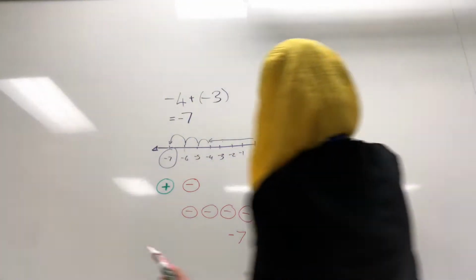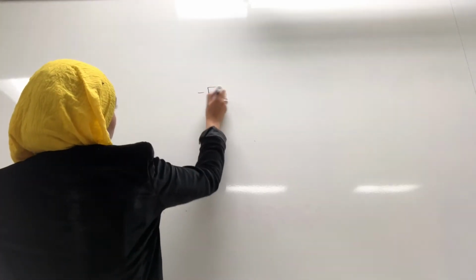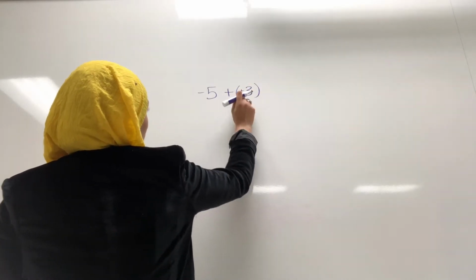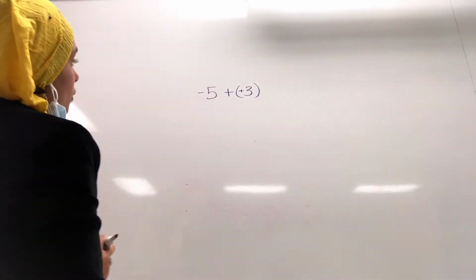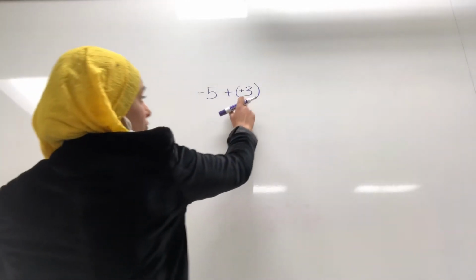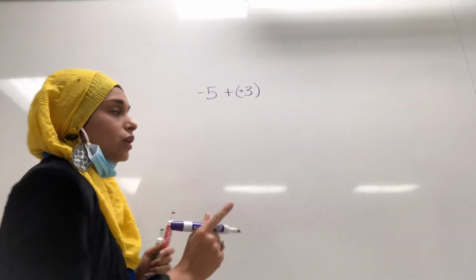Okay, now I'm going to show you a different question with different signs. So let's say my question reads -5 plus +3, and again, you don't have to have that positive sign there. We just know that if it's a 3, it is a positive. And now the rule for adding is when the signs are different, find the difference, keep the sign of the larger number.